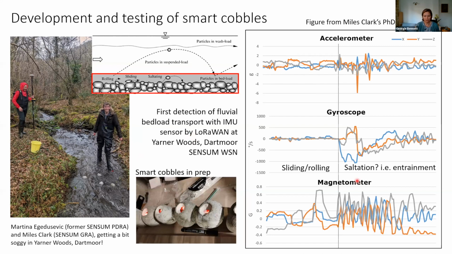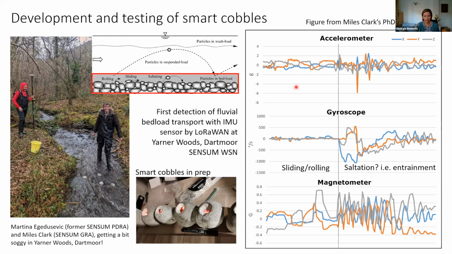He's managed to obtain what we believe to be the first detection of fluvial bedload transport entrainment into the flow with inertial measurement unit sensors by long-range wireless area network communications at our Yarner Woods wireless sensor network site.